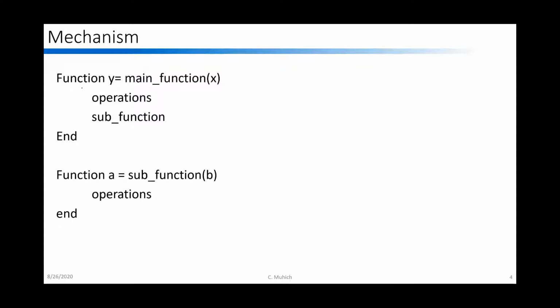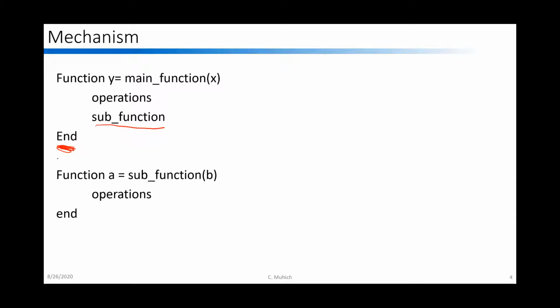We can have our main function called main function. We can carry out some set of operations, and we're normally going to see these pop up as loops or conditions, and then it's going to call a subfunction. And then it will come to the end. We then write a secondary function call after this end statement, and you really have to have that end in there, or else MATLAB won't know how to operate.